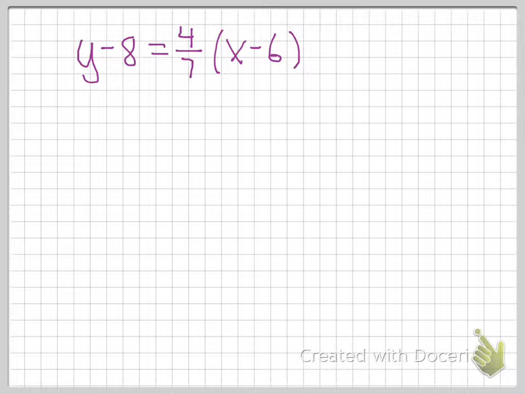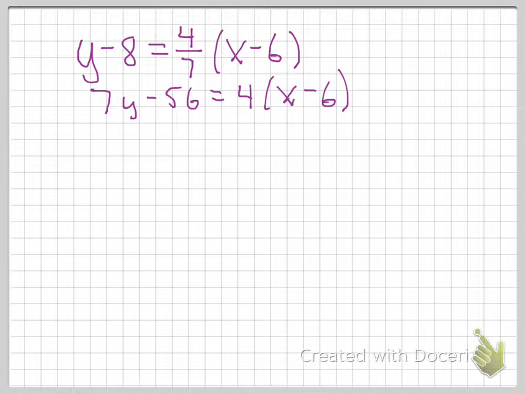If we multiply both sides of this equation by 7, we get 7y minus 56 equals, and on the right side the 7 will cancel the 7 in that denominator, so we'll have 4 times the quantity x minus 6. Now we can distribute: 7y minus 56 is equal to 4x minus 24.